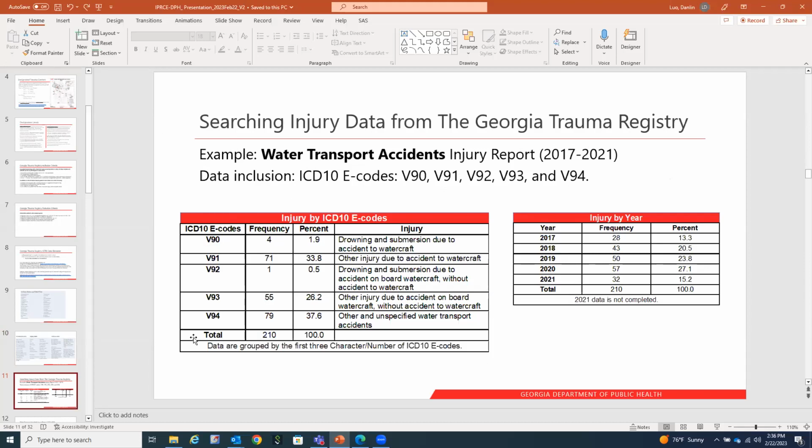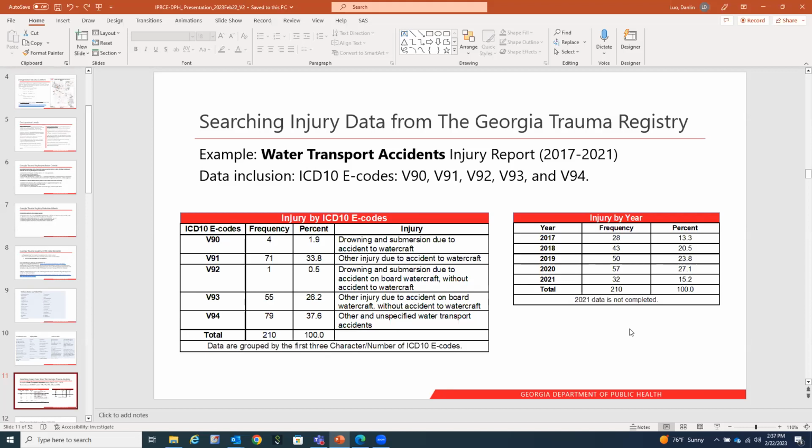And we can group the data by the first 3 characters. So if we group it, we'll find the frequency and the injury detail.